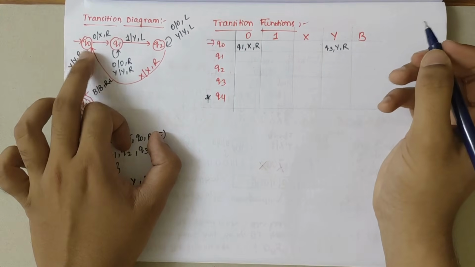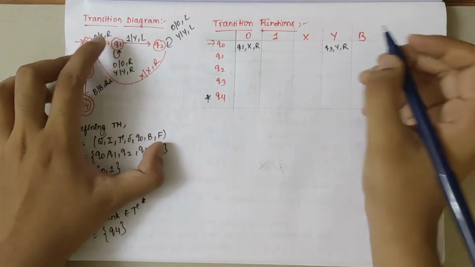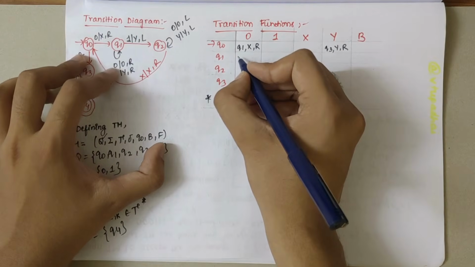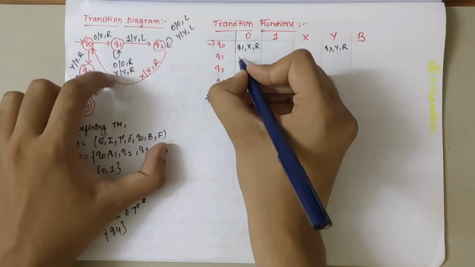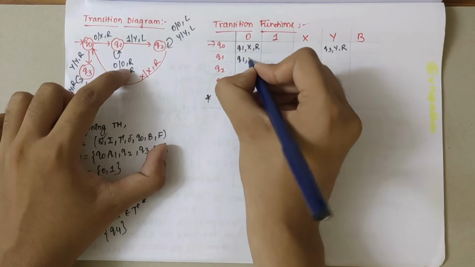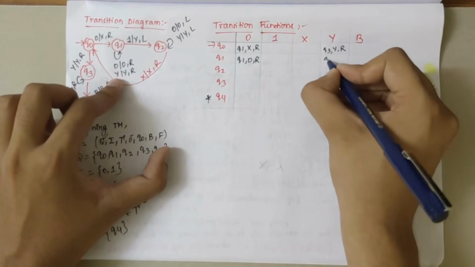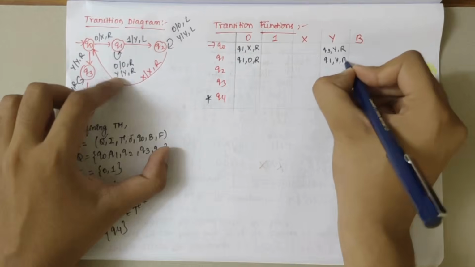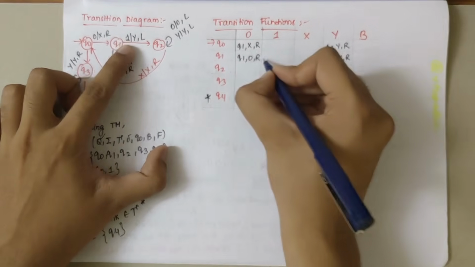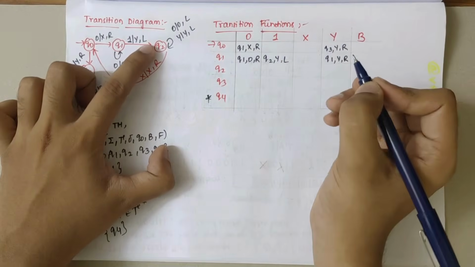So I am done with Q0. Coming to Q1 over 0 I get Q1 itself, 0 and r. Q1 over y I get Q1, y and r. Q1 over 1 I get Q2, y and l.